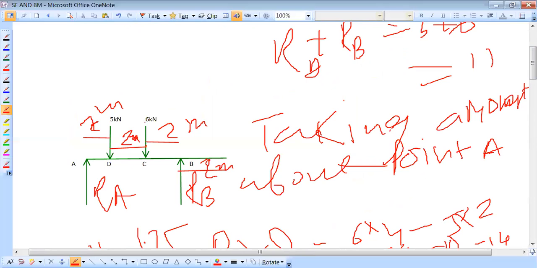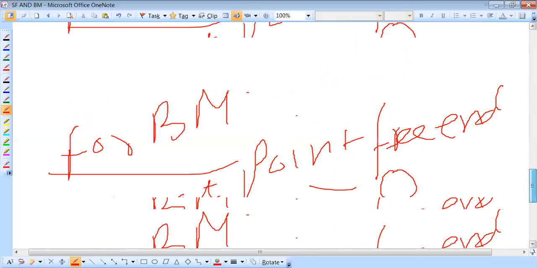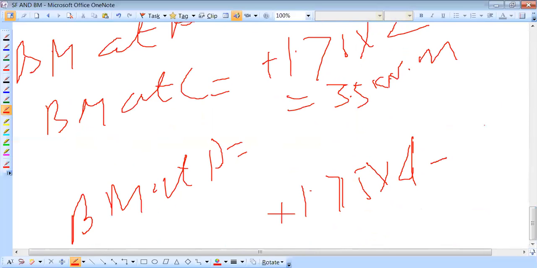Then 2 to 4, then 6 Newton minus 2, then minus 6 into 2. That means 1.75 into 4 minus 12, which is minus 5 kilonewton into meter.